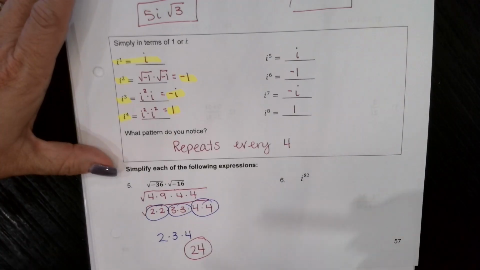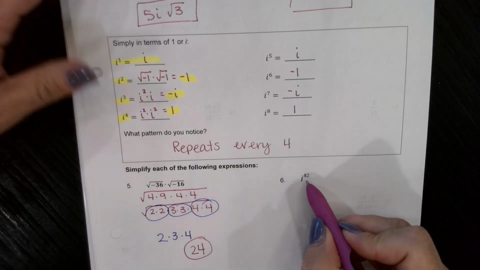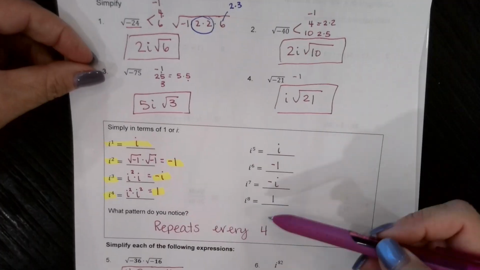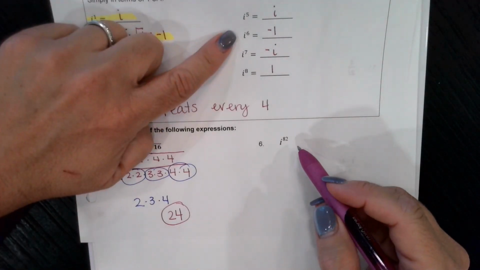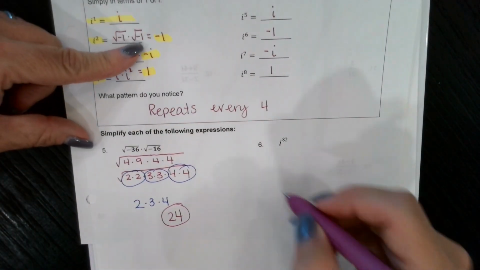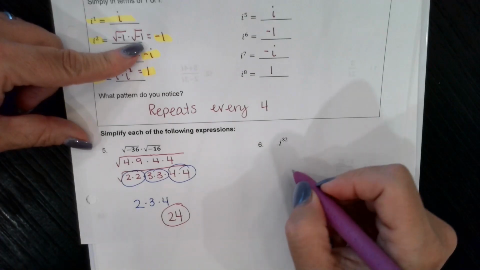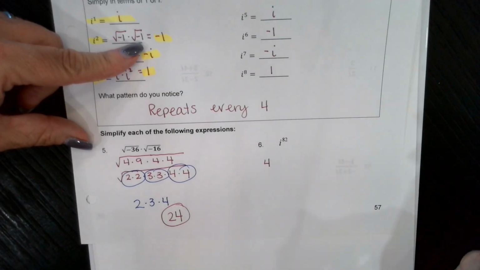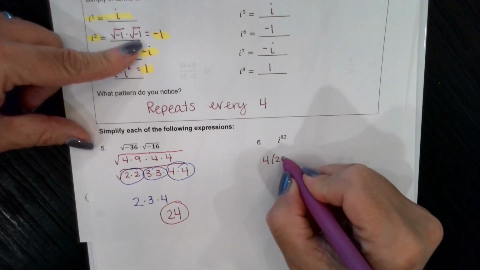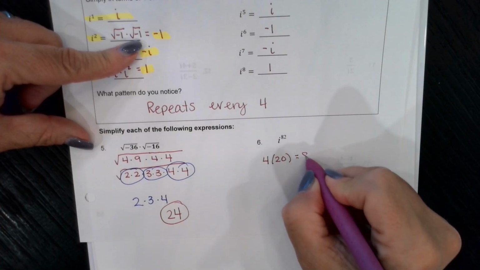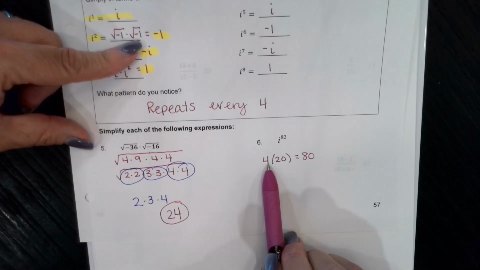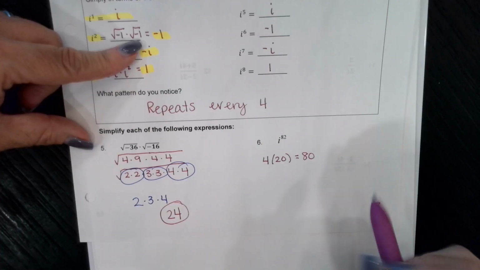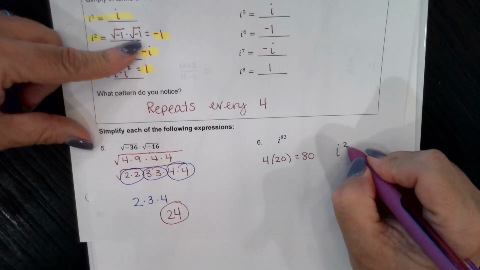Okay? So if I look at this, i to the 82. We know there's a pattern up here. I just want to know, what is this going to simplify to? Well, if I know that every 4 it repeats, and I know that 4 times 20 is going to be 80, then I'm going to be able to pull out a 4 from this, and what I'm left with is i squared.